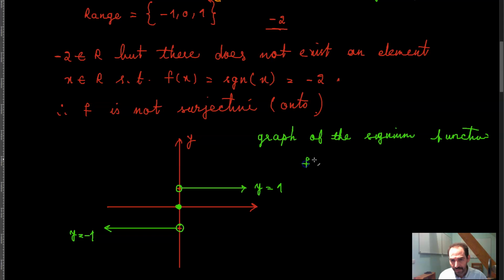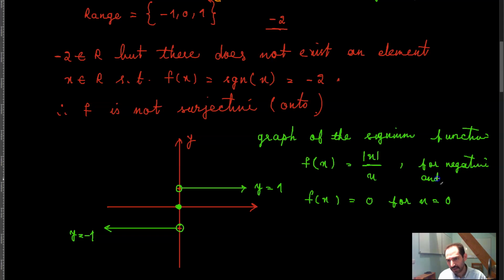You can define the function in terms of the absolute value function, meaning that f of x is equal to the absolute value of x divided by x, and it is also equal to 0 for x equal to 0, and this form is for negative and positive x's.